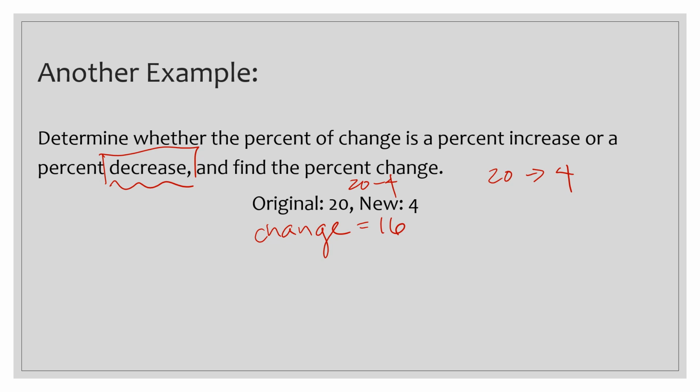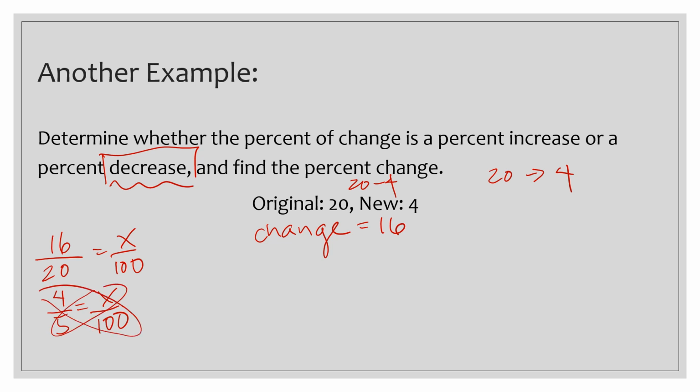So my change is 16 over my original, which was 20, equals x over 100. Well, actually, before I crisscross, I'm going to look at these and see, wow, these are both divisible by 4. So I'm going to simplify and say that's 4 divided by 5 equals x over 100. Again, to make my life easier with the math.